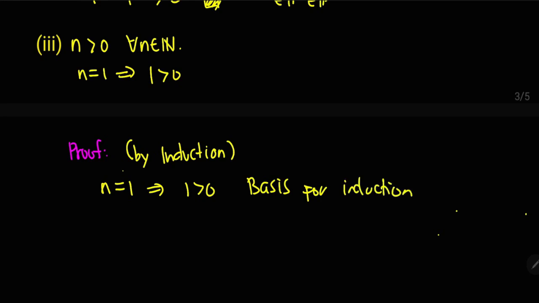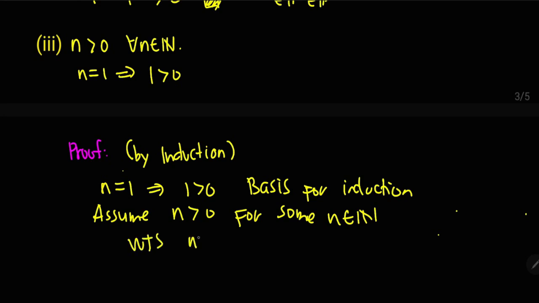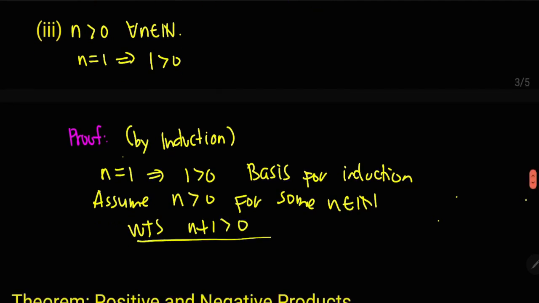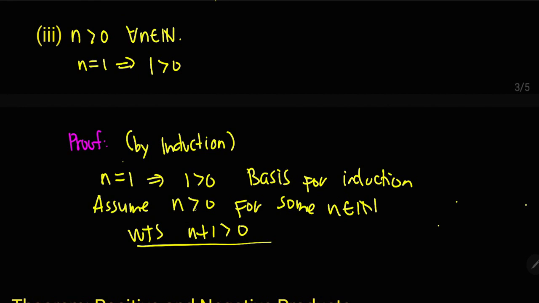So we can start the hypothesis. We assume n is greater than 0 for some natural number n. So we need to show that this is also true for n plus 1. We need to show that n plus 1 is greater than 0. That's what we want to show. But from our previous result, 1 is positive, and because n is greater than 0, n must also be positive.